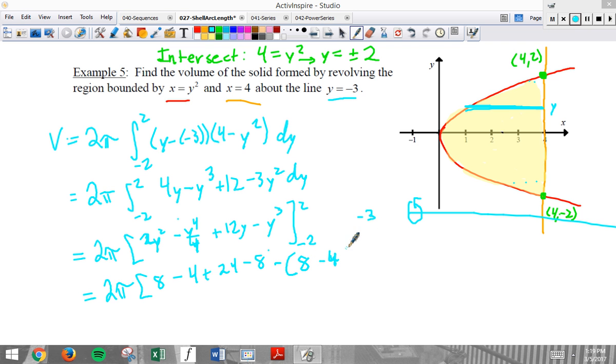Odd exponents. All times 2 pi. So what I'm thinking about: 8 cancels with 8, negative 4 cancels with negative 4. 24 minus 24 is 48, negative 8 minus 8, and I would get 64 pi.